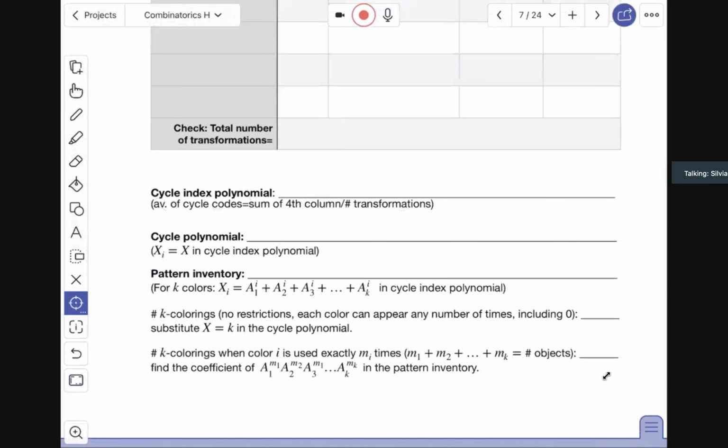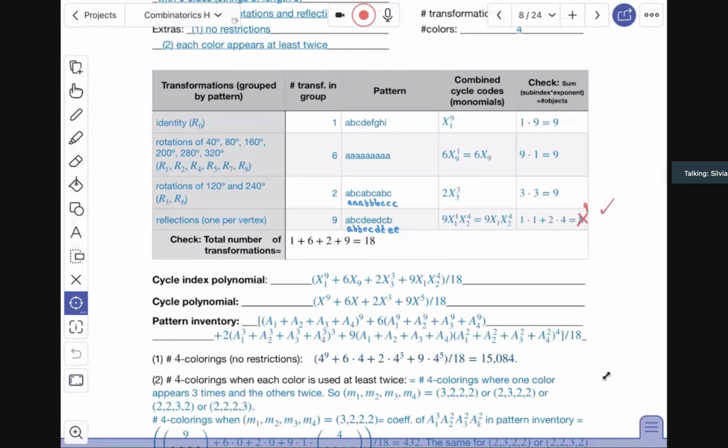So in my example right here, I just add up x1 to the 9, 6 x9, 2 x3 to the third, and 9 x1 times x2 to the fourth. That was a total of 18 transformations. I have 4 terms because I grouped them, right? I have 6 of them here, 9 of them here, but a total of 18. So what I have is the sum of these 4 terms divided by 18.